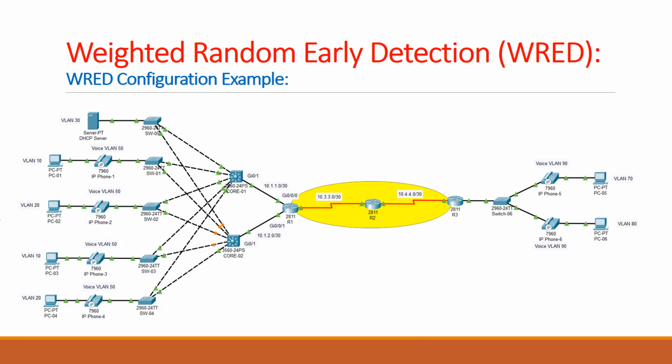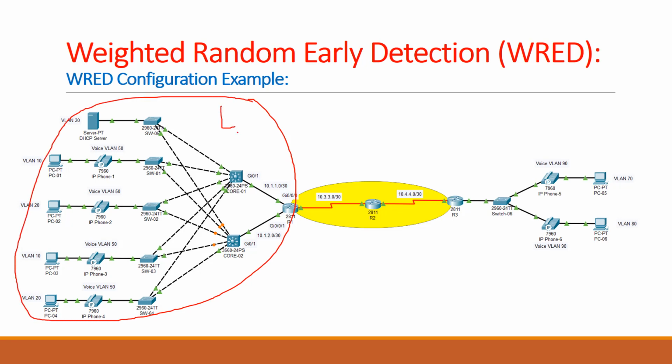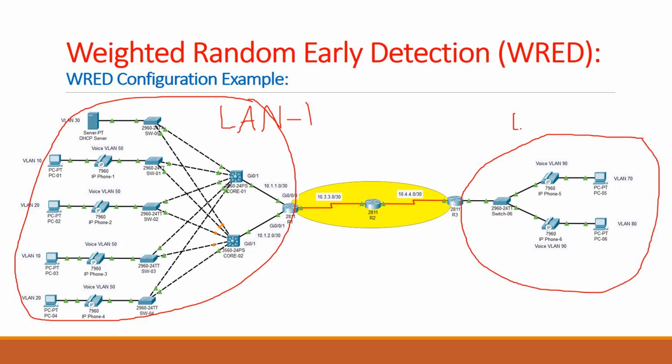So let's give a WRED configuration example. As we discussed in the previous slide, we made a simple network that consists of LAN 1, and another smaller network on the right hand side, and we call it LAN 2, and there is a WAN in between.